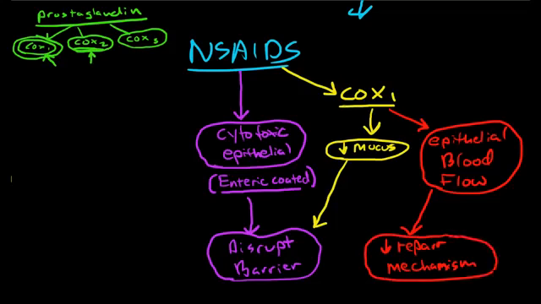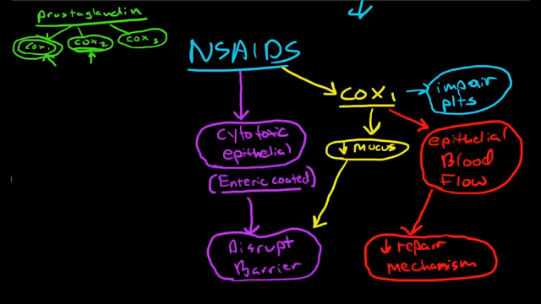And then another effect that sort of relates is that COX-1 also impairs platelet function. And this doesn't cause injury to the stomach. However, if we do have injury to the stomach and we start to erode into small vessels, it just makes it more likely that the stomach is going to bleed.